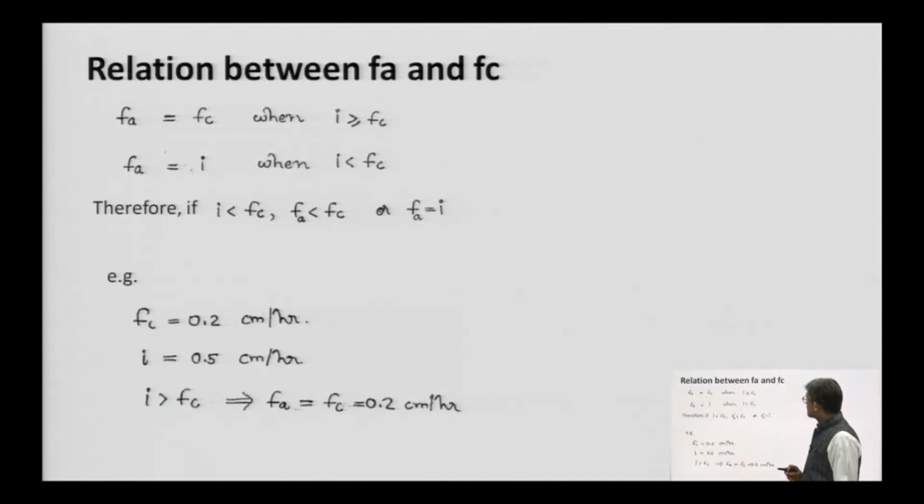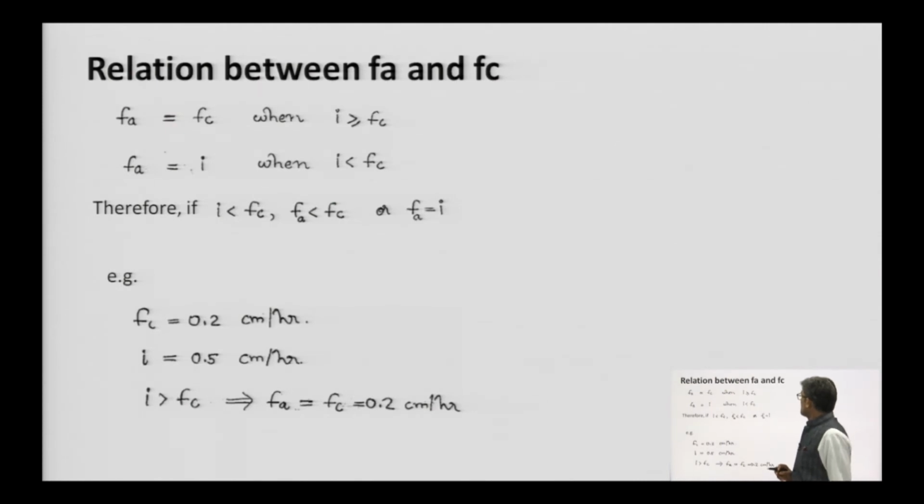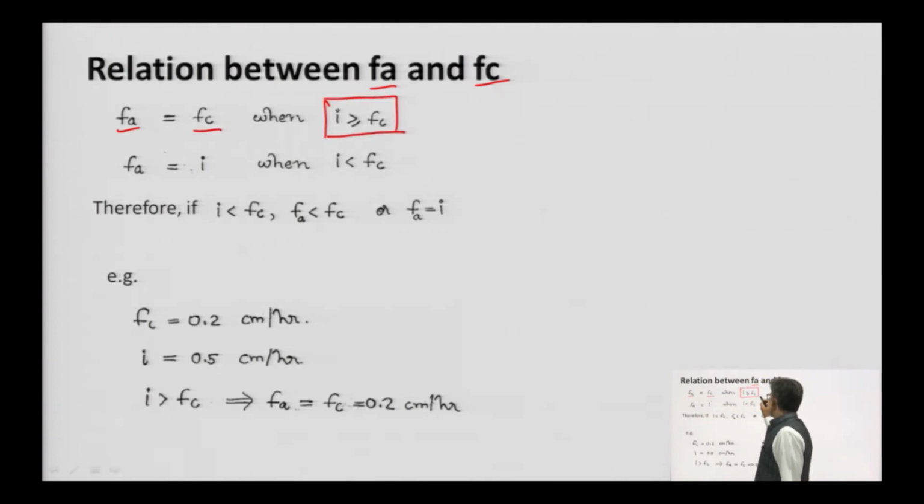Okay. Let us talk about the relationship between Fa and Fc. So, Fa is equal to Fc when precipitation is more than Fc, and Fa is equal to I when I is less than Fc.